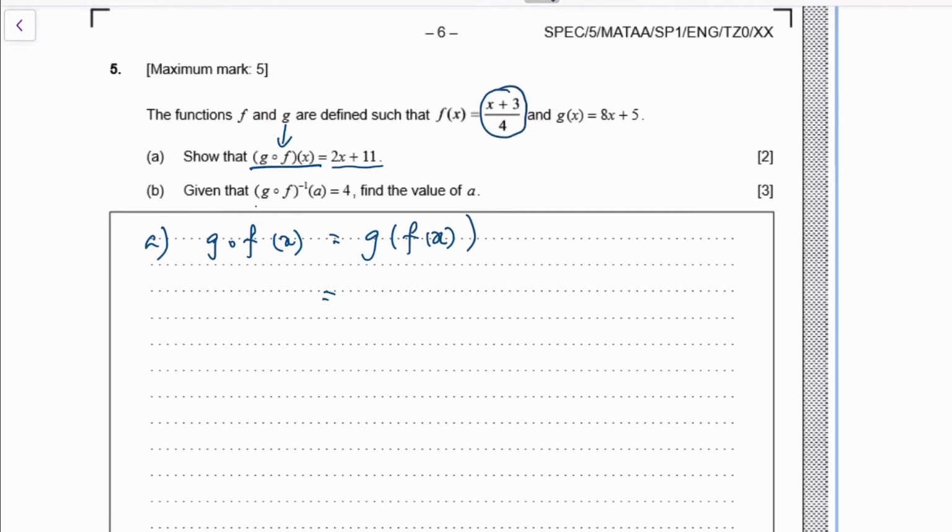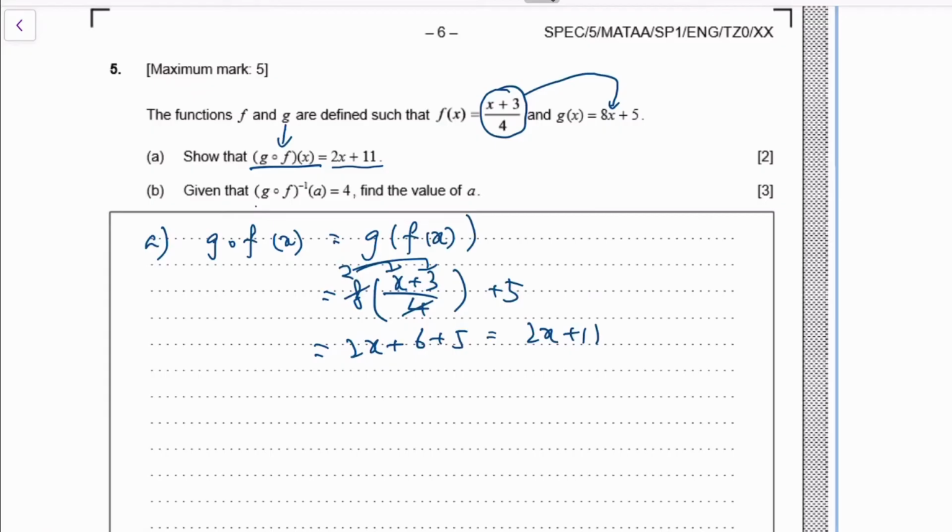And by putting it into g, I mean you substitute this into the x of g. So it's 8, that whole thing, plus 5. So the 8 and 4 cancel out, to be a 2. And then you expand the 2 in. So it's 2x plus 6. And you add up to that, which is what they want.